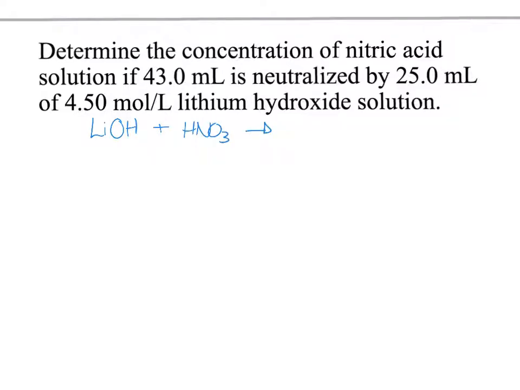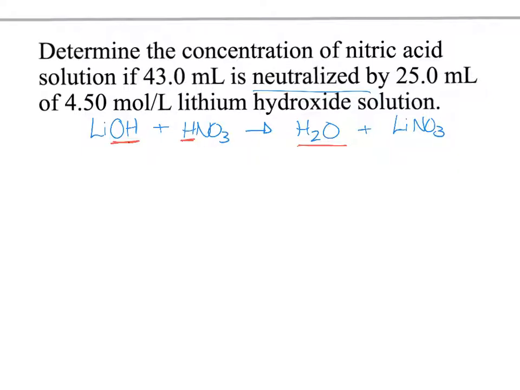Anytime you have a neutralization reaction, one of the things you're always going to produce is water, and you can actually see it here. So here's the hydroxide from here and the hydrogen from here, making this water over here. The other thing that we're going to get in this case is going to be lithium nitrate. Lithium again is positive, nitrate is negative, so they combine just like that.